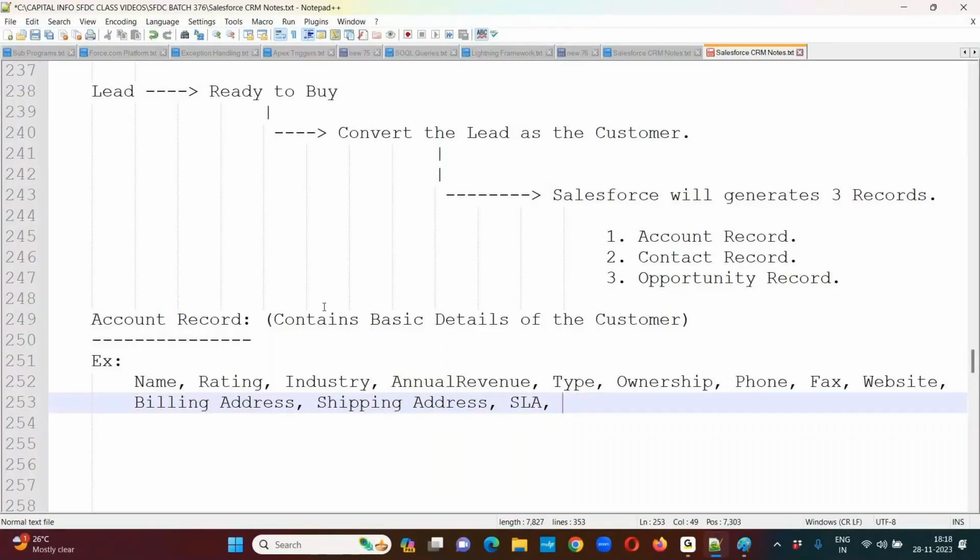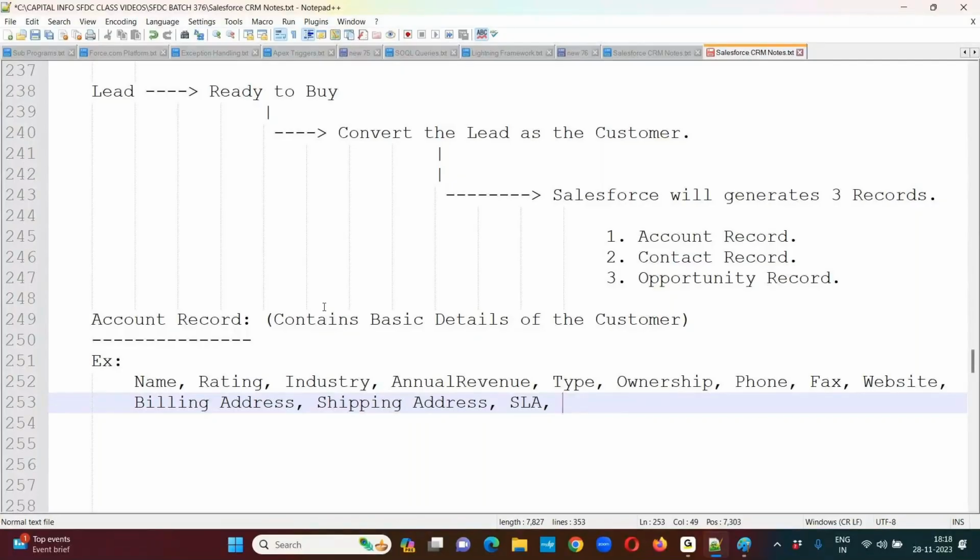Sometimes they provide on-site warranty. On-site warranty means we need not go to the service center. A service person will come to our location. Nowadays, even for laptops and some fans, they offer on-site warranty. We need not go to any service center. A service person will come to our location directly.